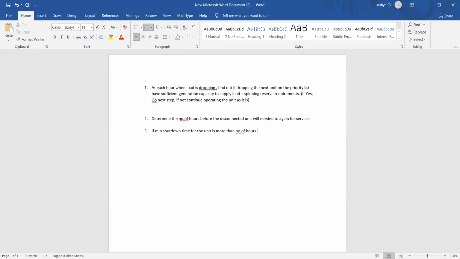So in that situation we need to keep all the 2 or 3 units as they are, if the shutdown time is more than the number of hours required for the corresponding load. Okay, so here we need to mention: then keep the same unit as it is.